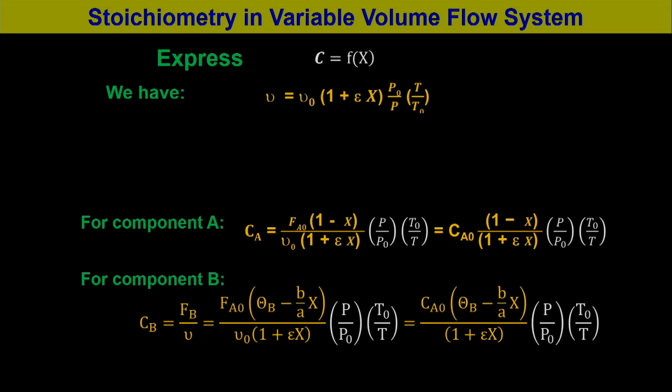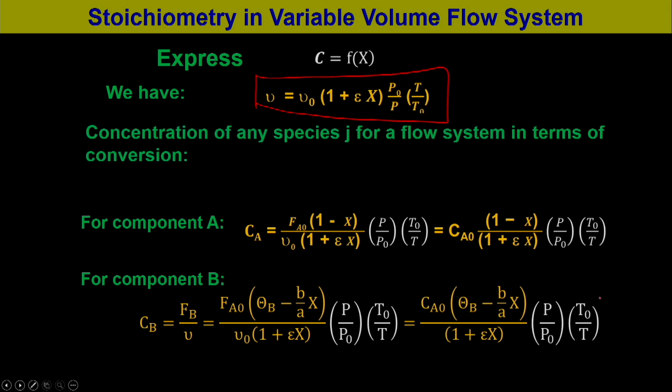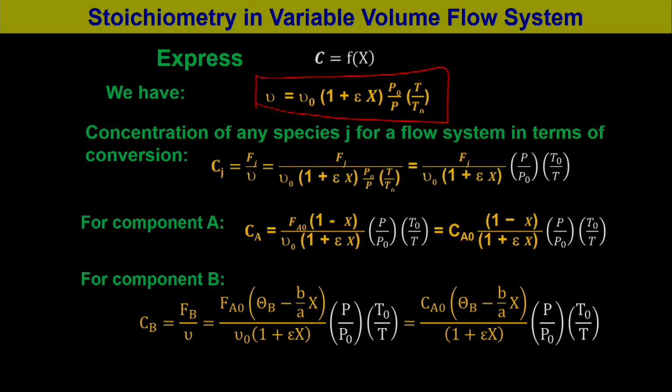Now, V is equal to V naught into 1 plus epsilon X, P naught by P into T by T naught. This we have derived. For any component j, we have the relation C j is F j by V. If we substitute this relation of V in place of V, we get F j by V naught into 1 plus epsilon X into P naught by P into T by T naught.